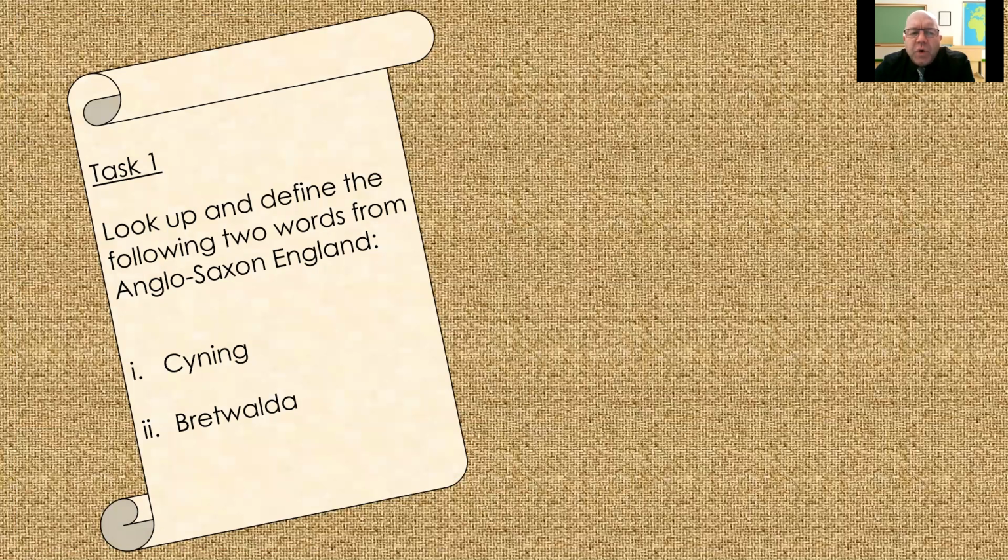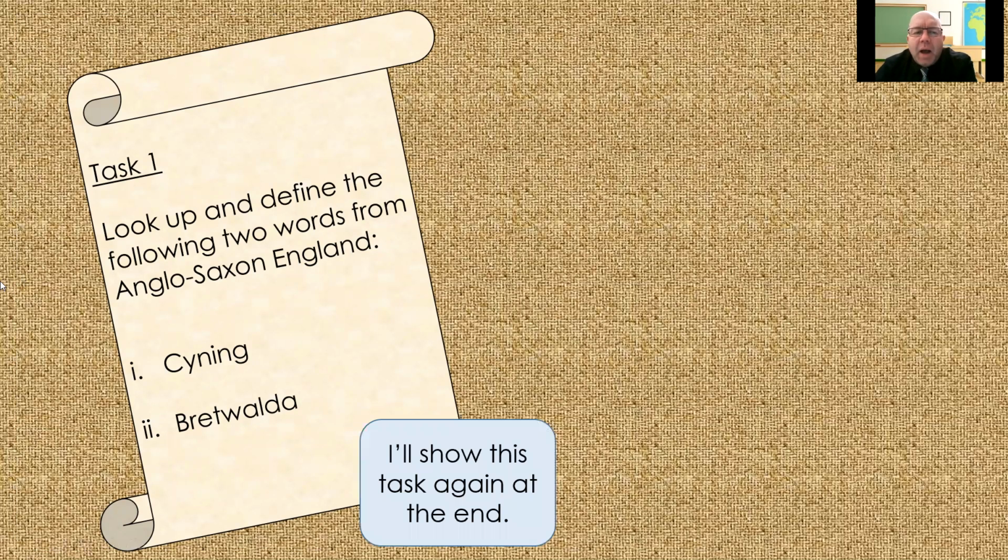Now, these 2 words relate to kingdoms, but I'm not going to say any more than that. So that's task 1. I would like you to look up those 2 words and tell me what they mean. I'm going to show you that again at the end, so don't panic. We've got 2 short tasks today, and I'll put them both up together at the end of the lesson.